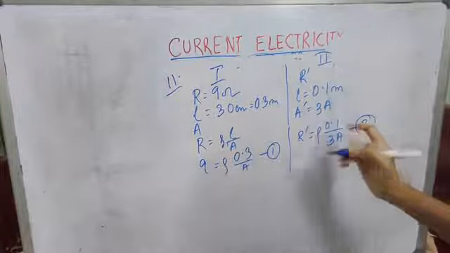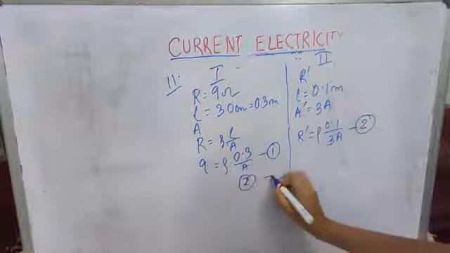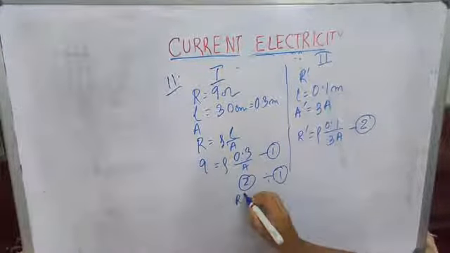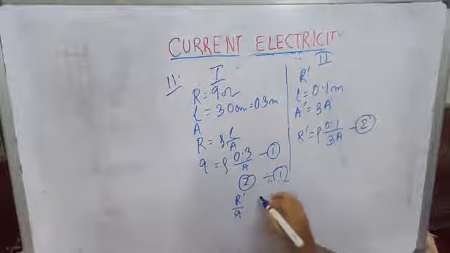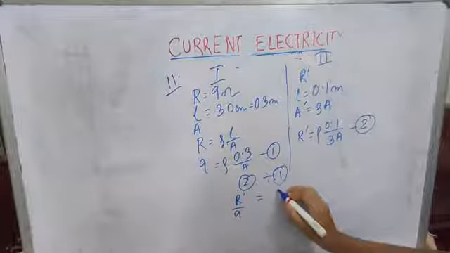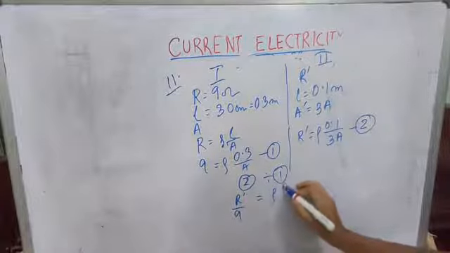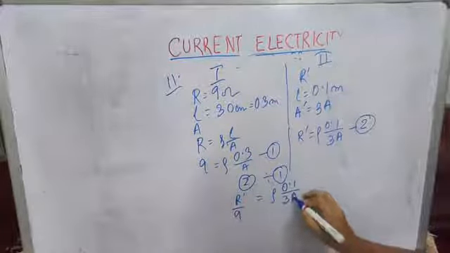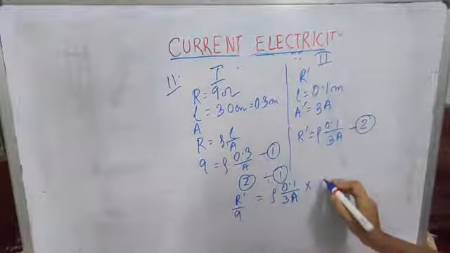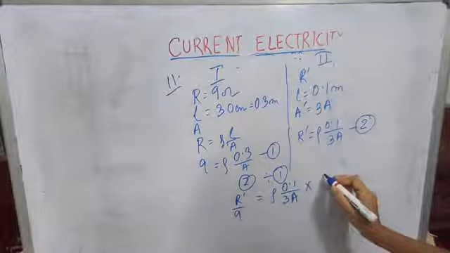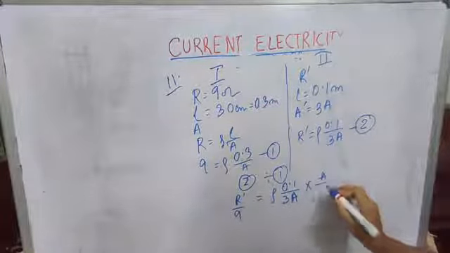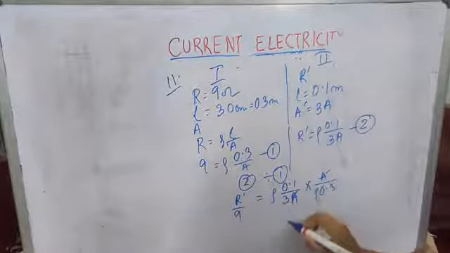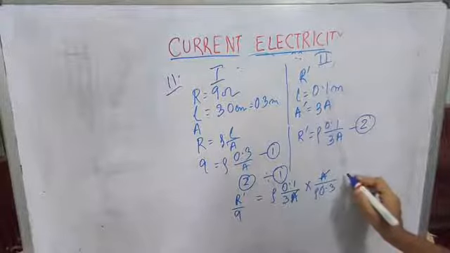Now we divide equation 2 by 1. What we get? R dashed by 9 is equal to rho 0.1 by 3A into A by rho 0.3.